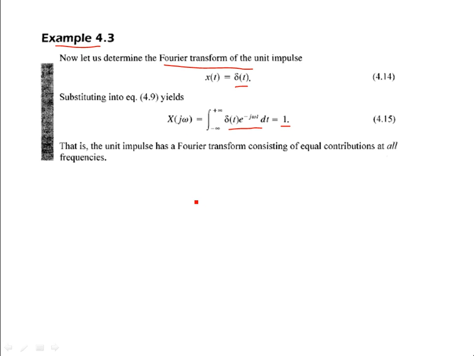What does this mean? This means that delta(t), which only exists at t equal to 0 and is 0 otherwise, has a Fourier transform pair with a constant, and that constant happens to be 1 for all frequencies.